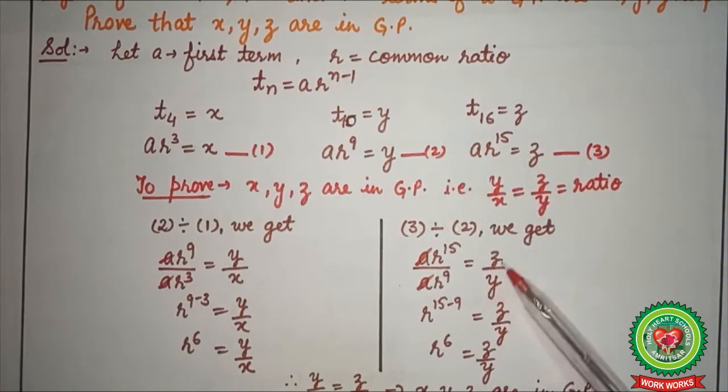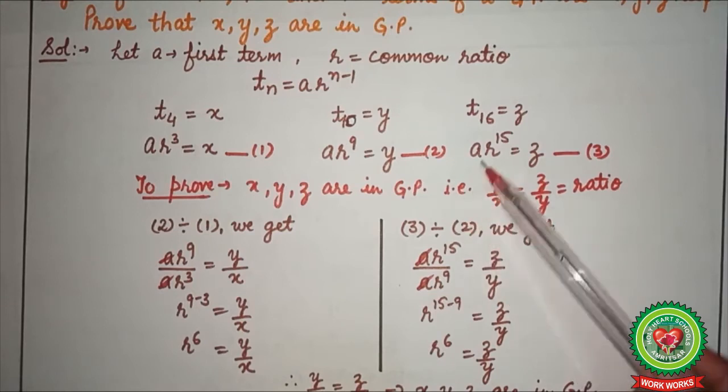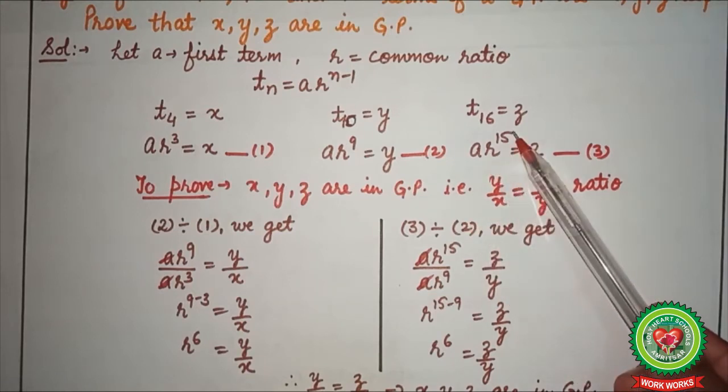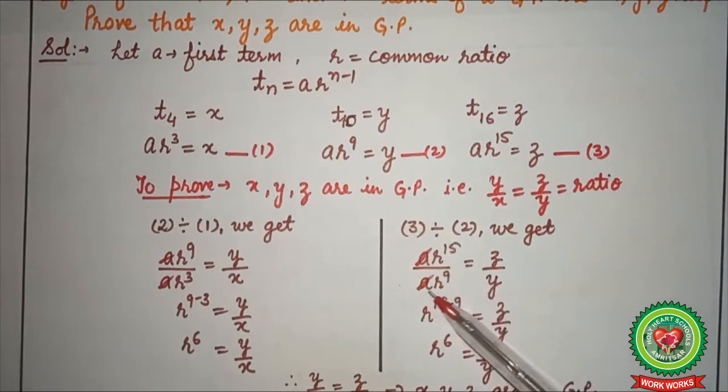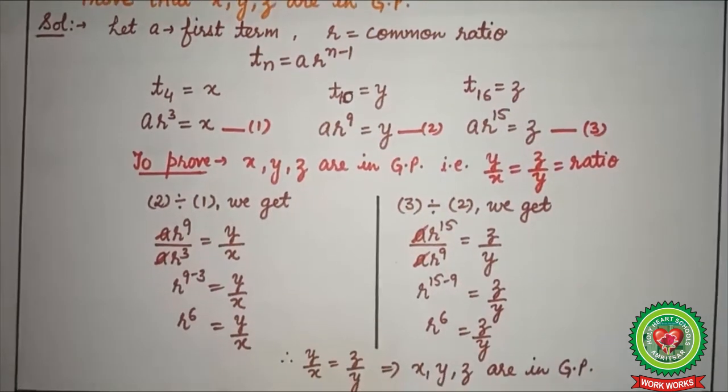We get z upon y on the left hand side, AR raised to power 15 divided by A multiplied by R raised to power 9. Here A cancels with A, again bases are the same, so powers will be subtracted. So 15 minus 9, we are left with R raised to power 6 is equal to z upon y.